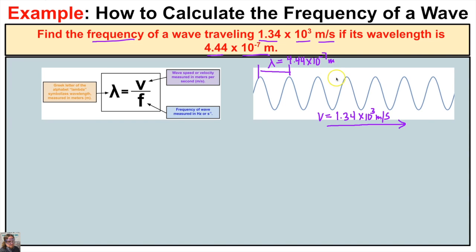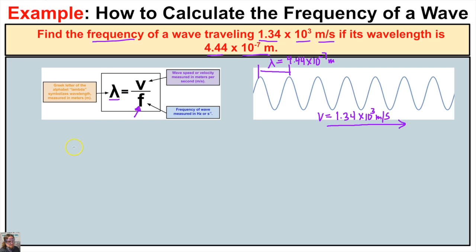And what we're asked to figure out is the frequency. We want to find f in this formula. So we know that wavelength, or lambda, equals wave speed or velocity divided by the frequency of the wave. We can use this formula to figure out what the frequency of this wave is going to be. Let's jump right in and solve this problem.